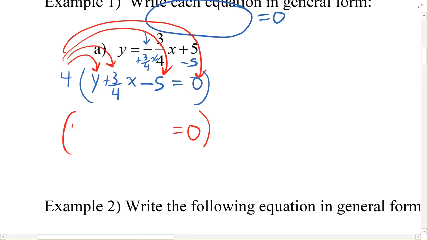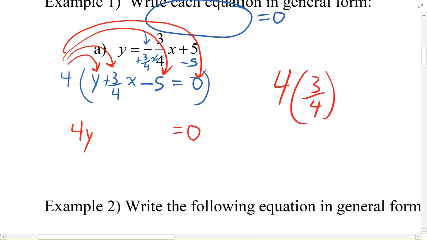What's 4 times y? 4y. Okay, what's 4 times 3/4? Those cancel. We're left with 1 times 3, so it equals plus 3x. And then what's 4 times -5? -20. Now it's in general form, okay?